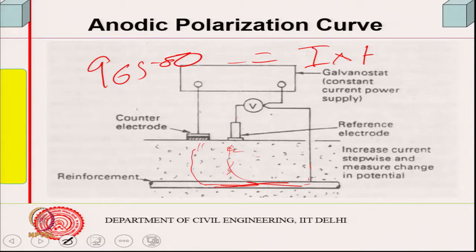So, 96500 is required to deposit 1 gram equivalent, that is gram molecular weight divided by valency, the number of charges involved in transfer.